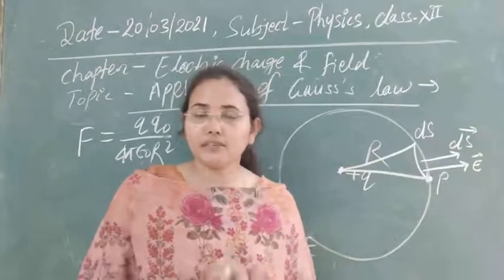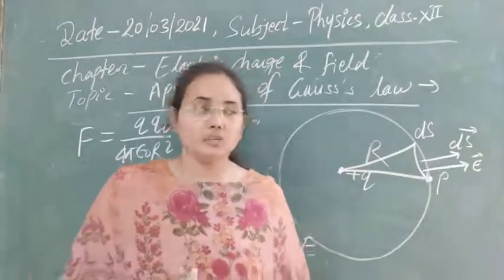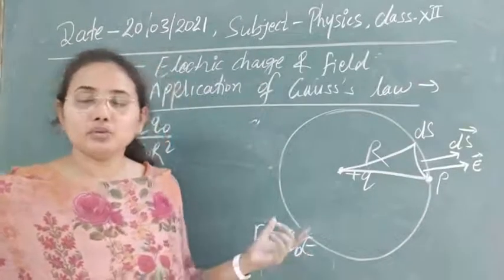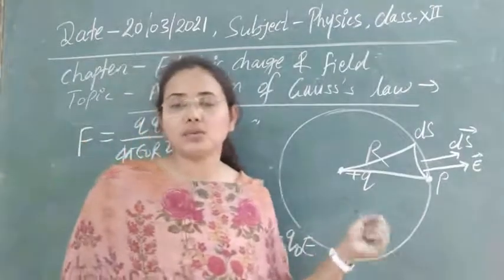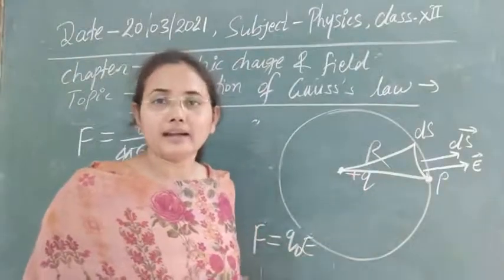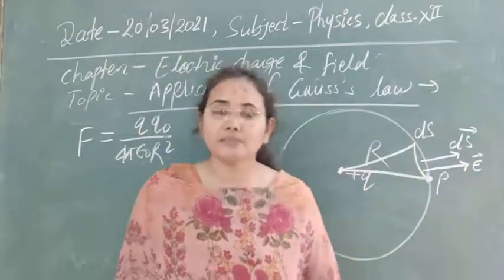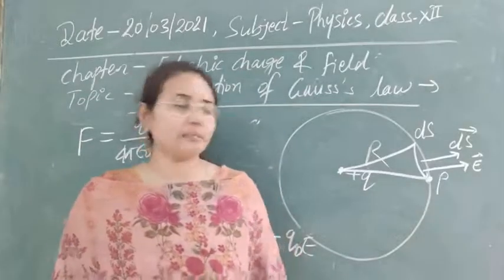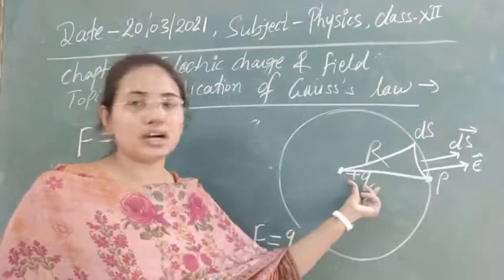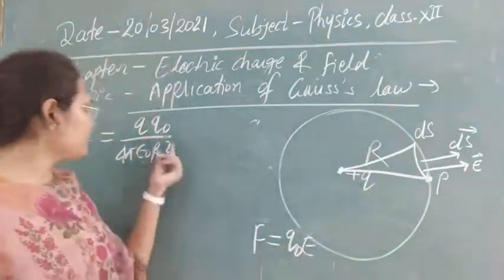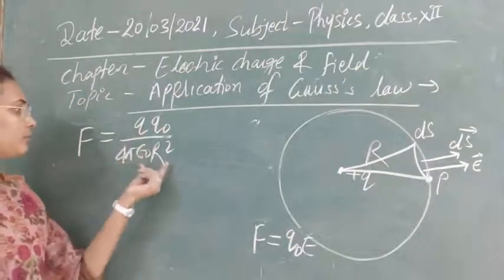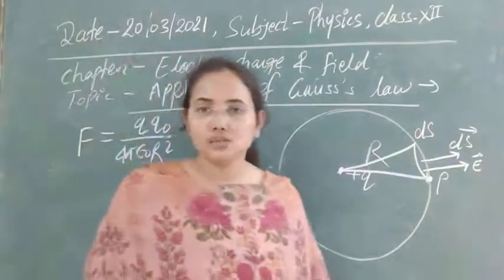That field is denoted by F by Q0, force per unit charge, which gives the value of the electric field of that particular charge in the region it has entered. By dividing this force by Q0 we can calculate the electric field due to any point charge Q, which is equal to Q upon 4 pi epsilon 0 r square. That thing we have discussed.